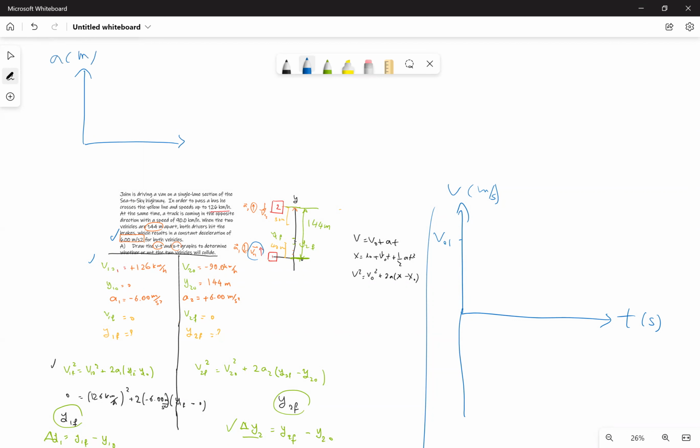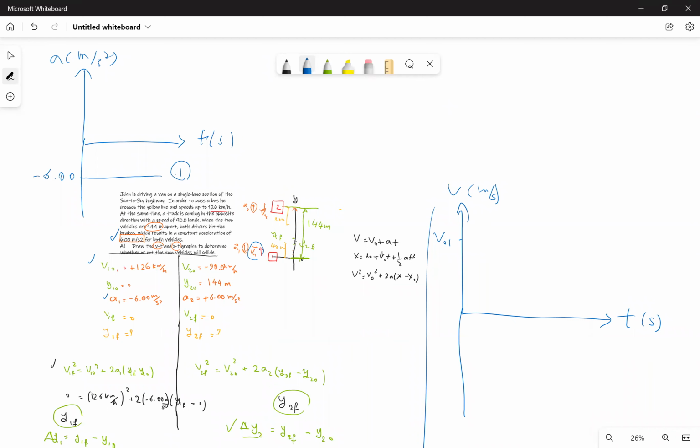Acceleration in meters per second squared, and time in seconds. The acceleration of car one is always constant, and it is negative 6 meters per second squared. I'm going to label this car one, and this is negative 6.00 meters per second squared. I don't need to write down the unit because the unit is given in the bracket.